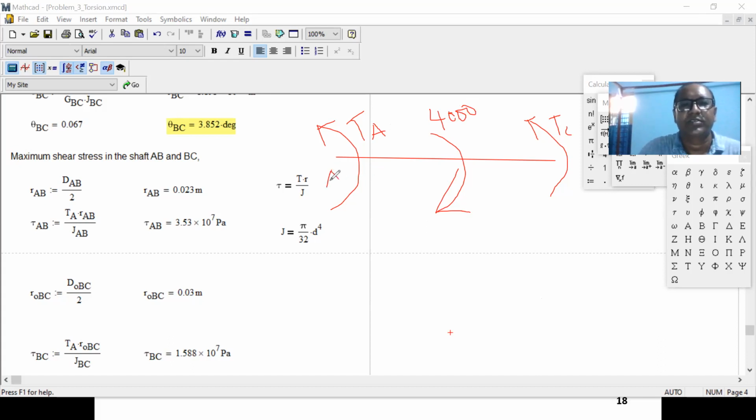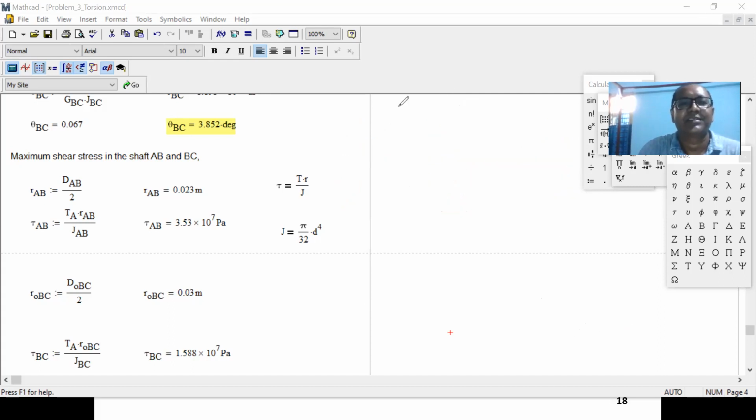How? So this is my point A, this is B, this is C. If I try to balance from the right side, you first draw the free body of BC. I am making a mistake. My mouse is giving trouble. Anyway, one second.